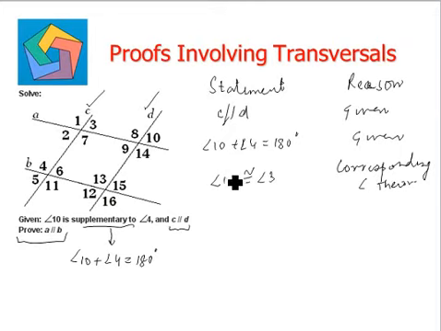So now in place of angle 10 we can substitute angle 3, so this makes angle 3 plus angle 4 equals 180 degrees. Here we have used the substitution property.